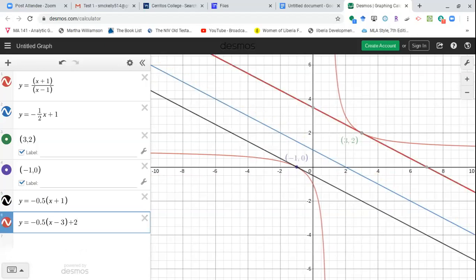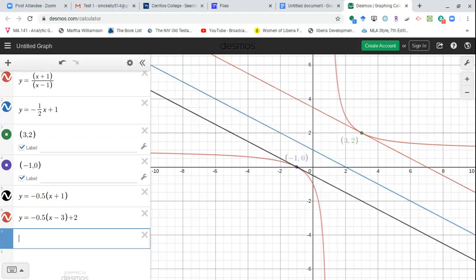There's my other line, and that's this dark red line right here. Notice that the black line and this darker red line are parallel to this blue one, right? Mm-hmm. And the black one and the red one up here are tangent to the curve that we had. And that's what we wanted. That makes sense. Okay?